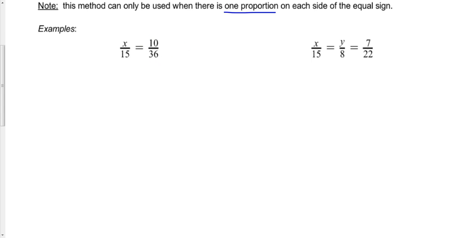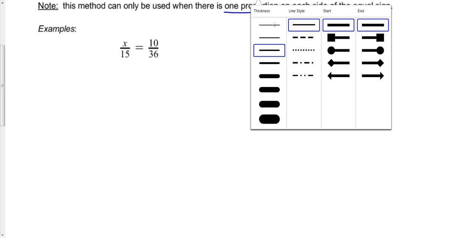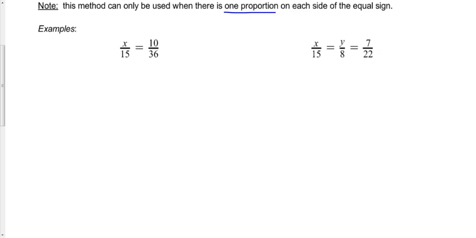And because we know both of them, we can actually do some cross multiplying. So when we're cross multiplying, we multiply the 15 and the 10, and we multiply the x and the 36. So we're cross multiplying these two numbers. So 15 times 10 is equal to 36 times x.